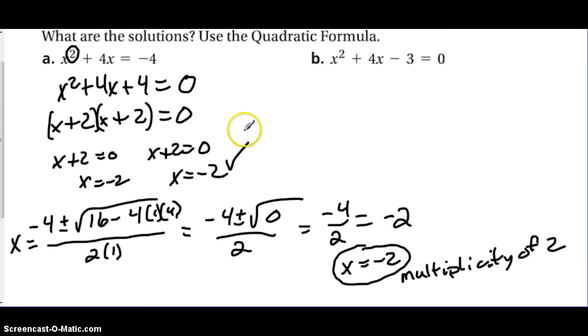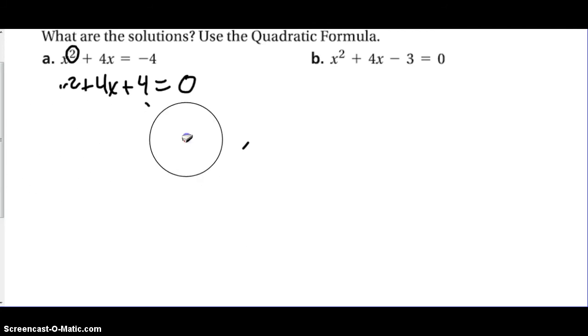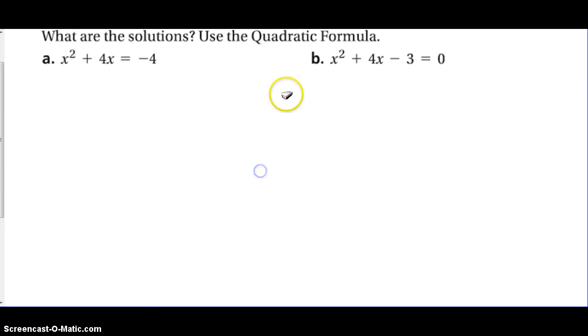Let's take a look at this next one. It's already in quadratic, in standard form. So it should be easy to plug into the quadratic formula.